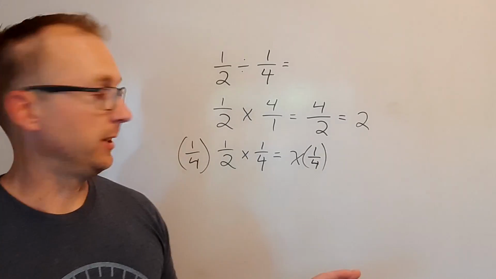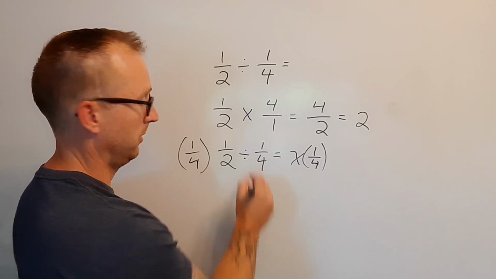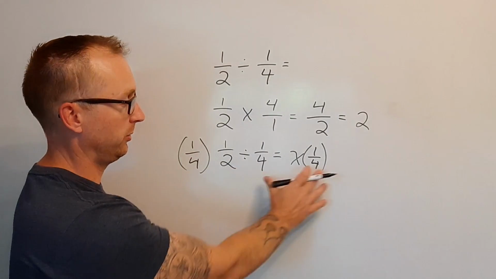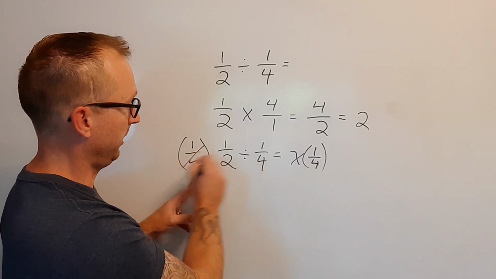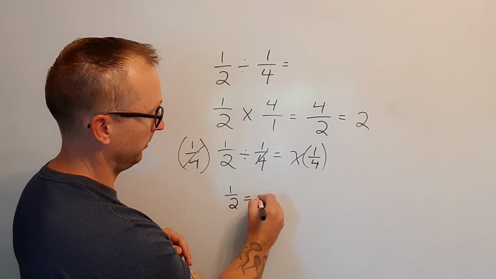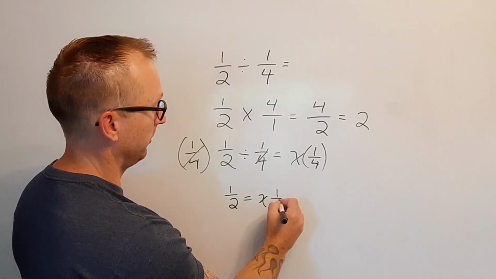And then what that does, that's supposed to be divided. So what we're going to do is, since we divide each side by 1/4, this 1/4 and this one cancel. So then we have 1/2 equals x, our unknown, times 1/4.